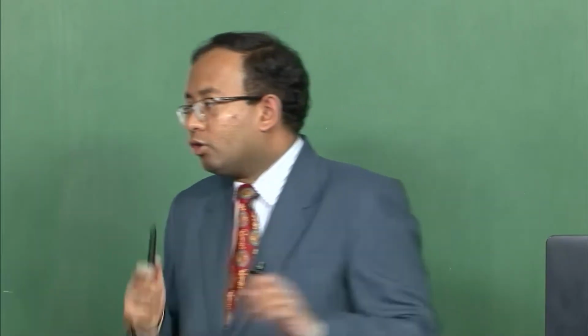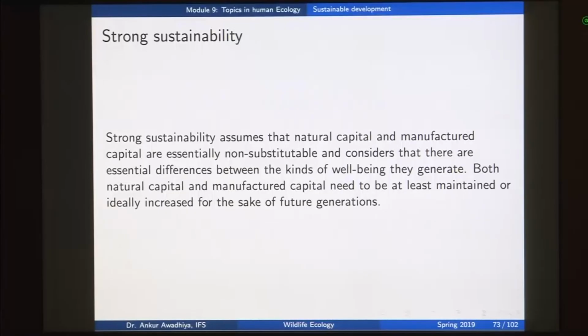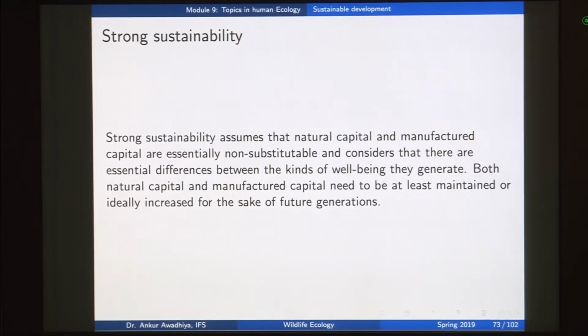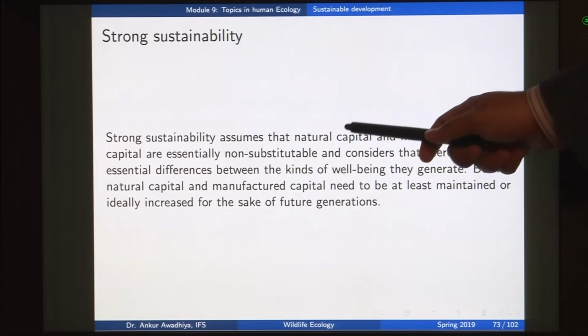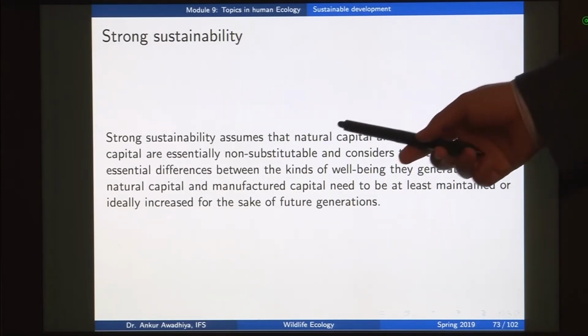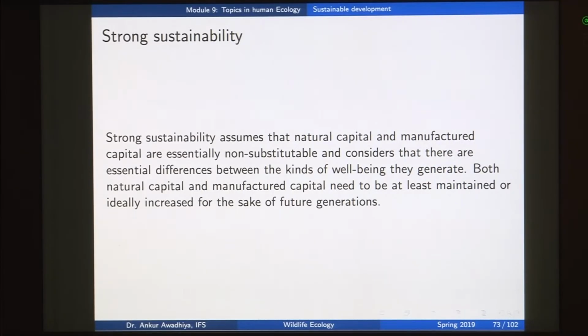And when we bring out arguments such as these, we are talking about the strong sustainability argument, which assumes that natural capital and manufactured capital are essentially non-substitutable. Natural capital is things like forests; manufactured capital is things like houses. If you have a forest and do not have a house to live in, that is not a good situation. If you have a house to live in, but you do not have a forest to give you pure air, that is also not a good situation.